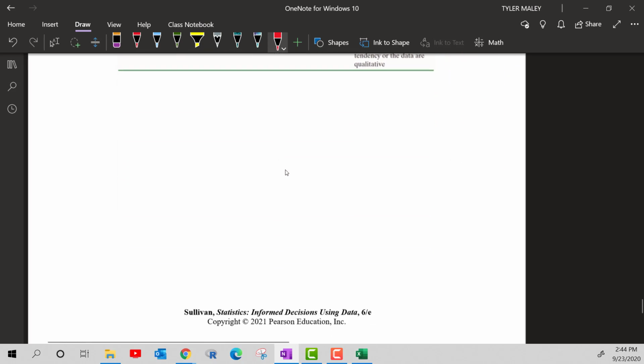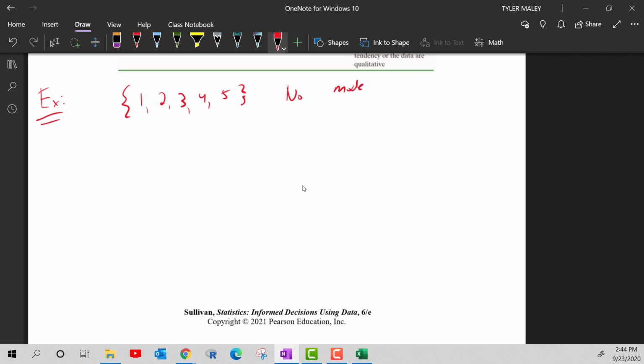So now what I would like to do is just look at a few examples of calculating mode, right? So I'm just going to give you some data sets. If I have the numbers 1, 2, 3, 4, 5, then this is going to have no mode, right?